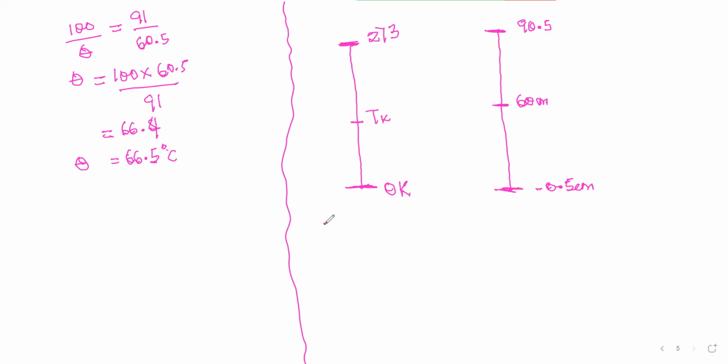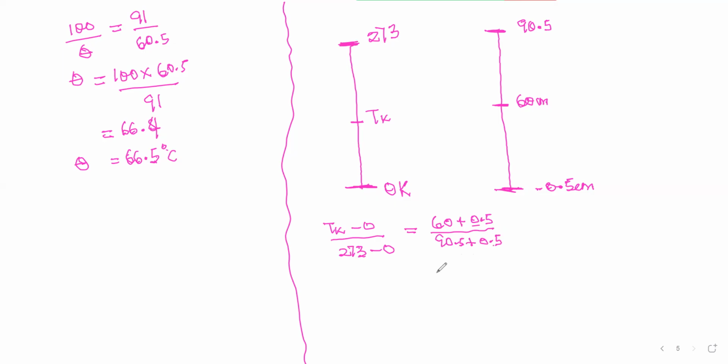So TK minus 0 over 273 minus 0 is equal to 60 minus minus 0.5, so plus 0.5, over 90.5, also plus 0.5.